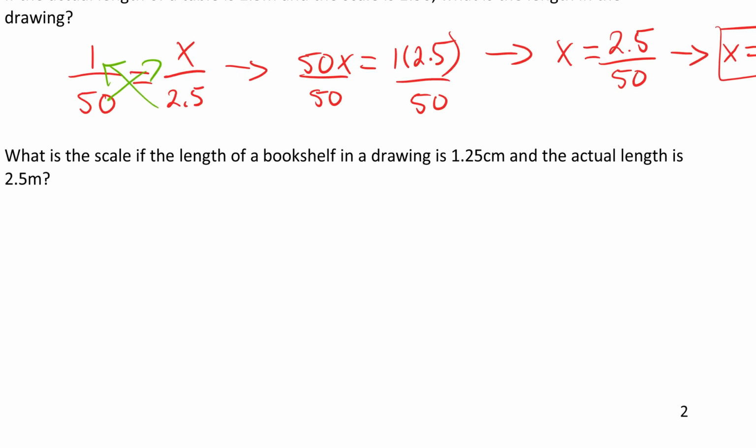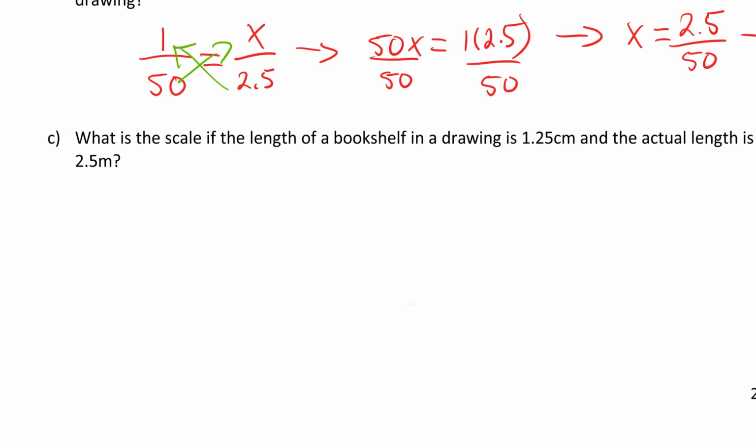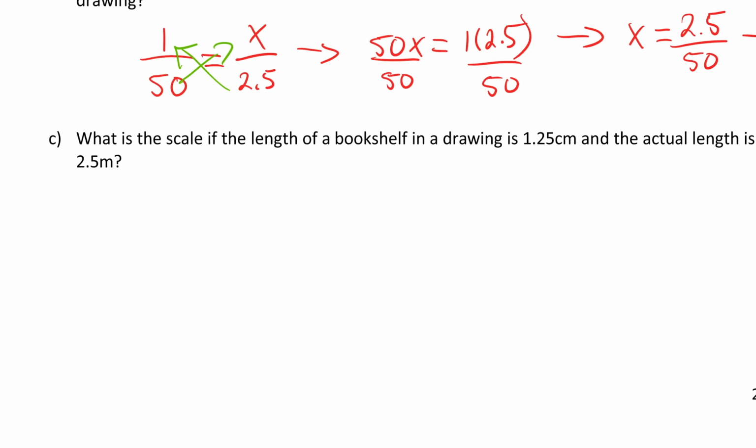For C, it says, what is the scale if the length of the bookshelf in the drawing is 1.25 centimeters and the actual length is 2.5 meters? So we want to figure out what the scale is if the length of the bookshelf is drawn to this.